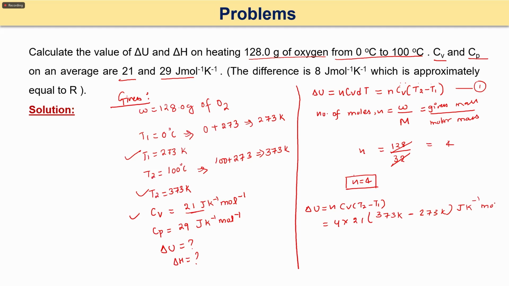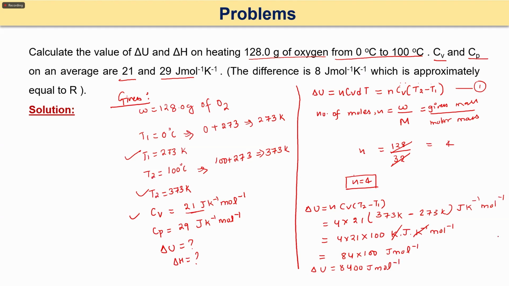Let us solve this. 4 into 21 into 373 minus 273, which is nothing but 100 Kelvin. Now we have joule per Kelvin per mole, so Kelvin and per Kelvin will cancel out, which gives us 4 into 21 is 84, into 100 joule per mole. Your delta U will become 8400 joule per mole.